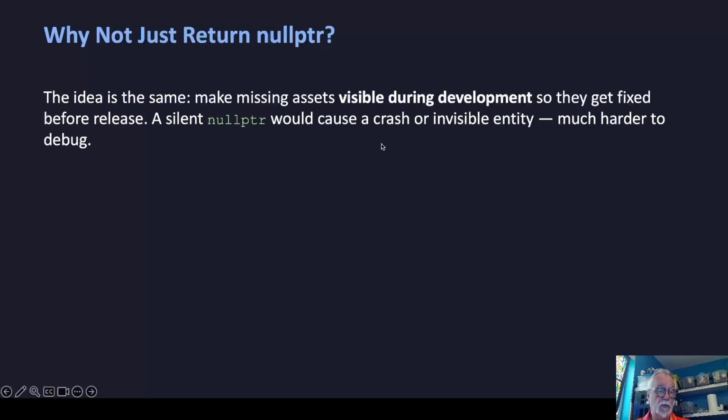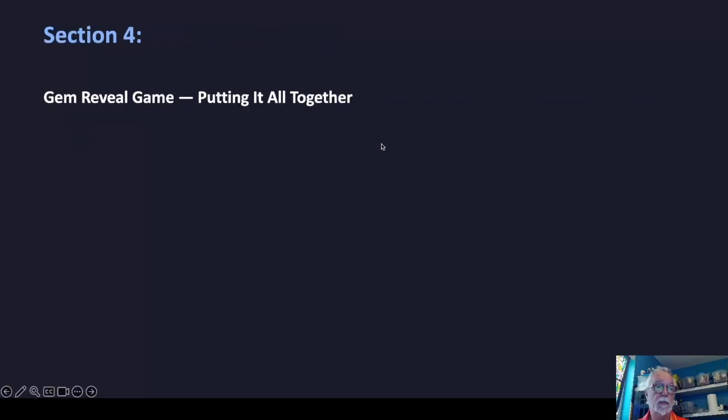So if you're going to be doing a lot of work with fonts in your game, I would recommend refactoring the font part of the Resource Manager to return a visible no font found. You could just use the default texture there as well if you want to. It's entirely up to you how you do that.